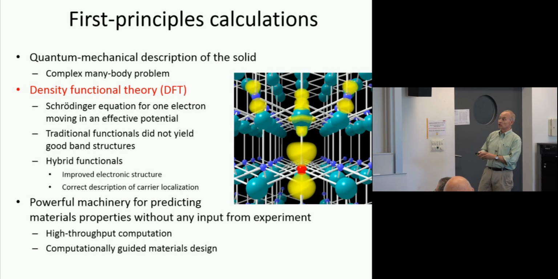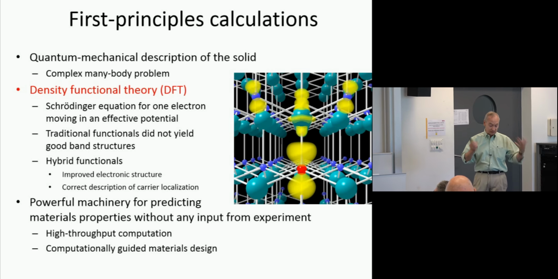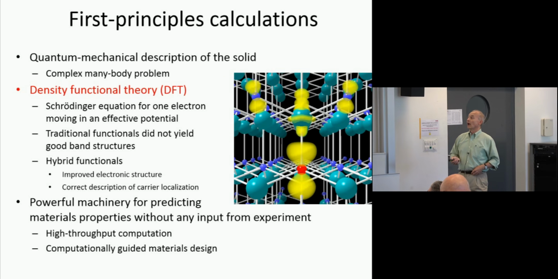What we now use are so-called hybrid functionals, which give us an excellent description of the electronic structure, an excellent description of the atomic structure, and also with the advantage of being able to treat problems that involve carrier localization.